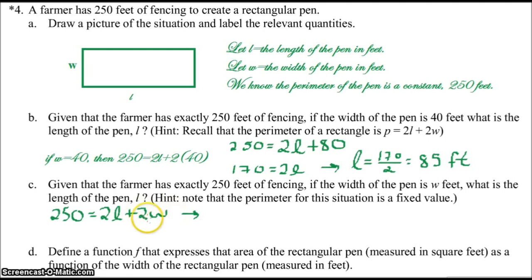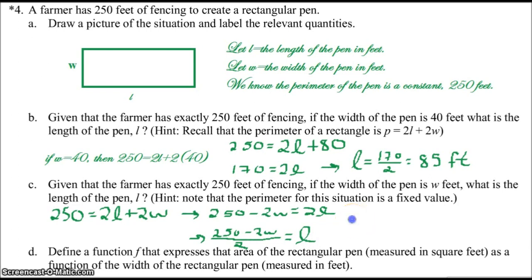We can subtract this number, 2 times W, from both sides, just like we subtracted 80 in the last problem. 250 minus 2W, that equals 2L. Next, just like we did in the last problem, we can divide by 2. If twice the length is 250 minus 2W, then the length will be half of that. So here is our formula for the length of the pen.